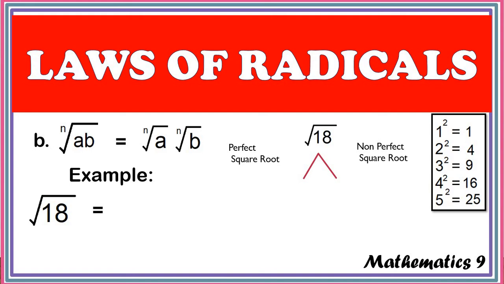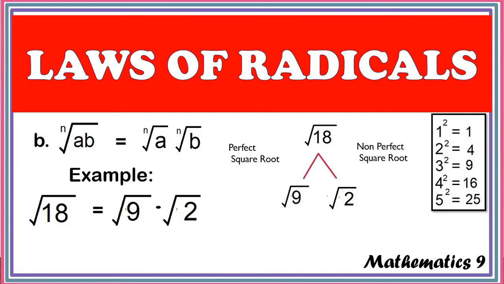So, wala dito sa ating ipinapakita yung 18. Pero, mapapansin nyo, si 9 ay factor ng 18. So, we will use 9 and 2 because 9 times 2 is 18. Si 9 ay perfect square root, si 2 ay non-perfect square root. Okay? So, ayan. So, square root of 9 times square root of 2 is also equal to square root of 18.